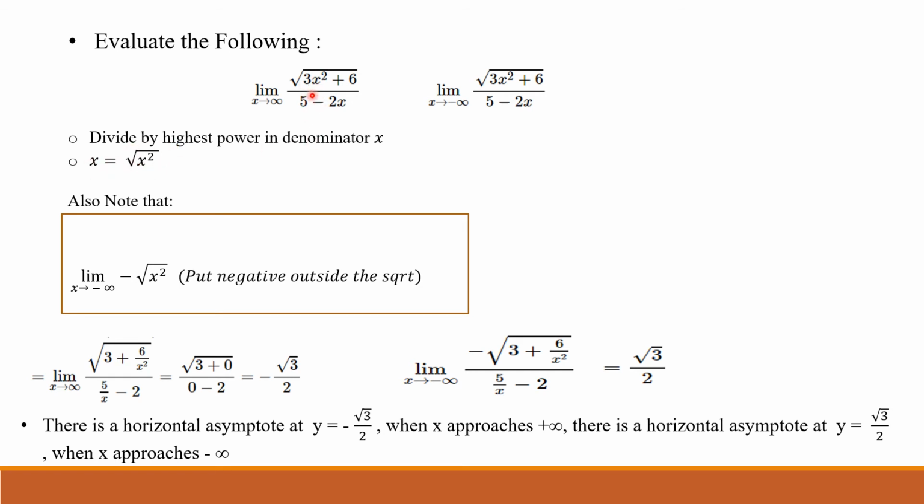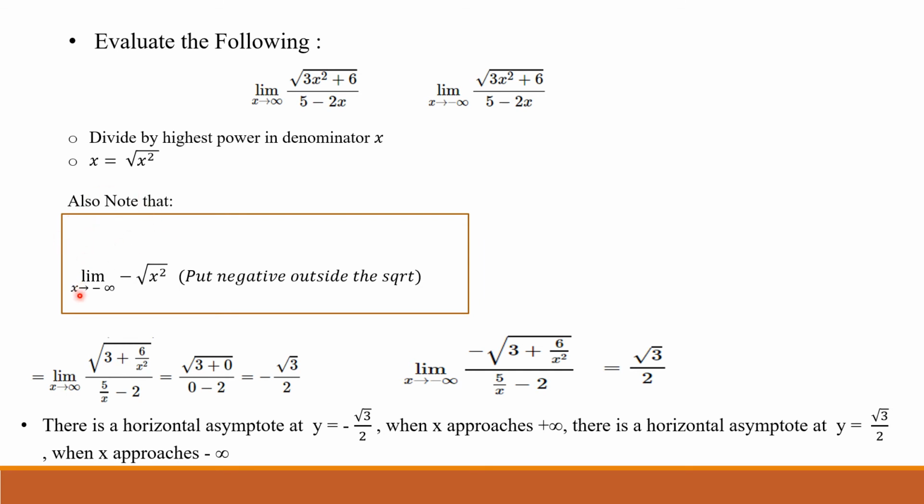This means that when I divide the upper term, since it's under the square root, it's as if I'm dividing by x squared. Because x squared under the square root is the same as x, the initial power that I want to divide with. So this is one thing to note.